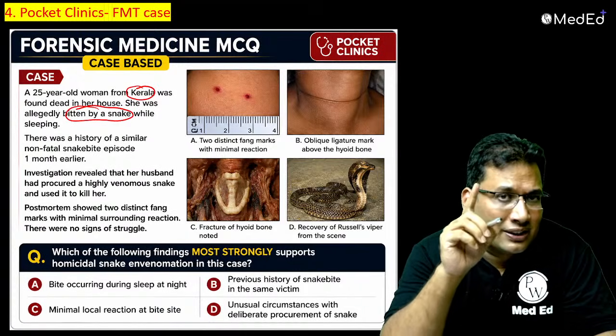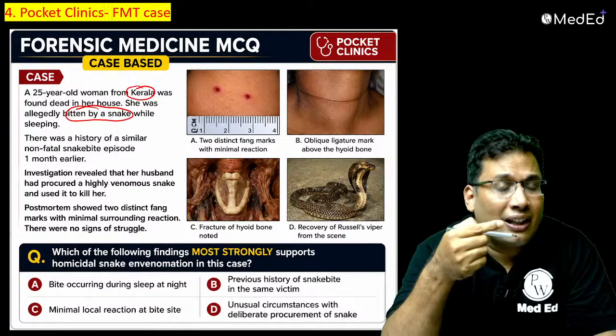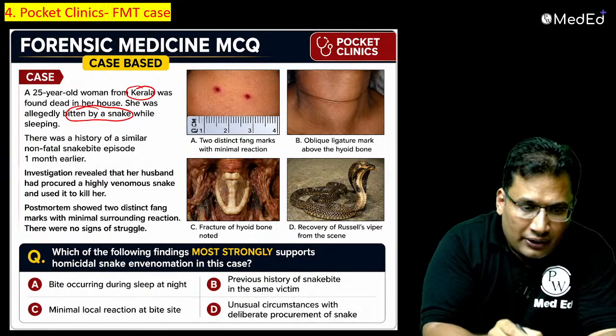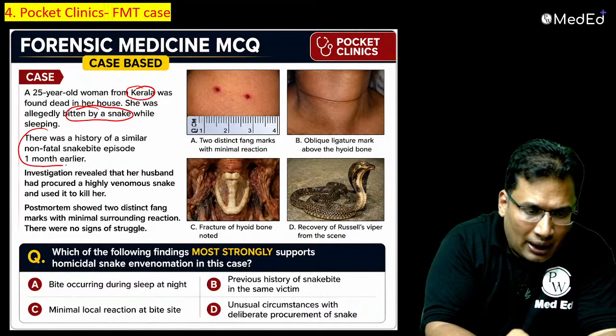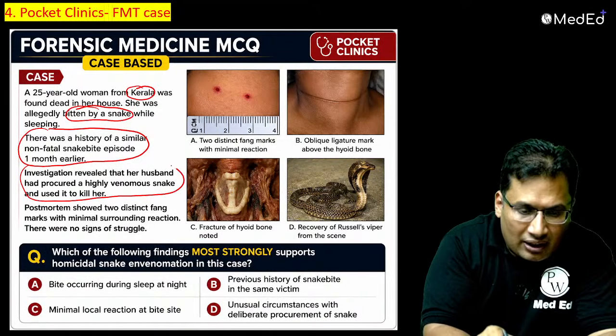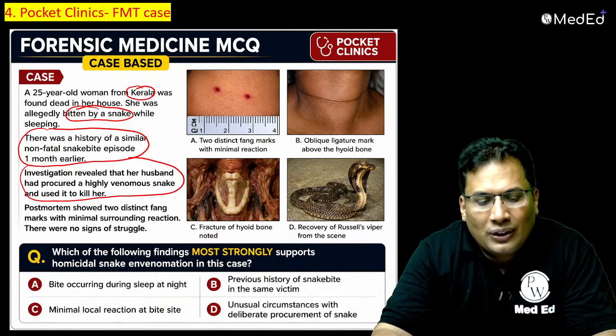In the beginning, she was bitten by a viper. The second time, the same lady was bitten by a common cobra. Totally suspicious. There was a history of a similar snake bite 1 month earlier. Investigation revealed that her husband had procured a highly venomous snake used to kill her.